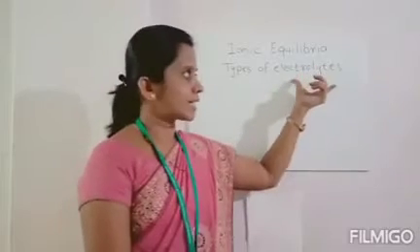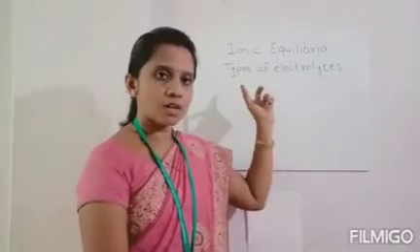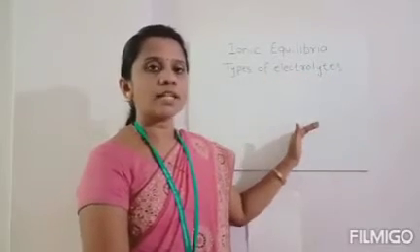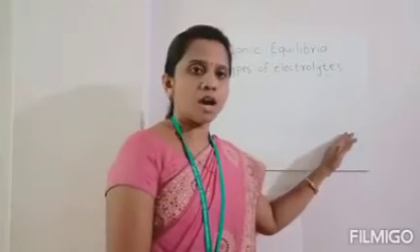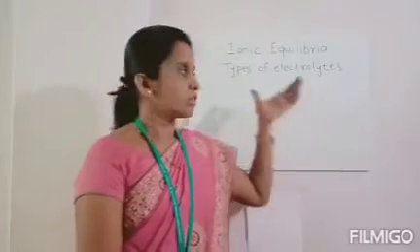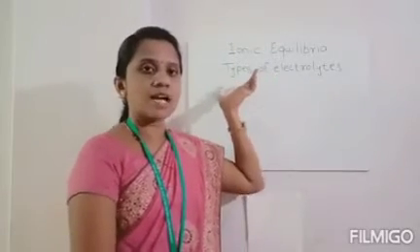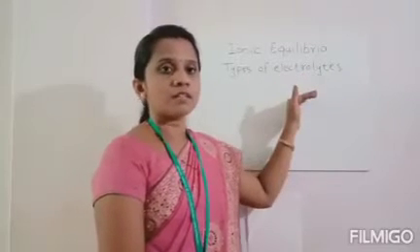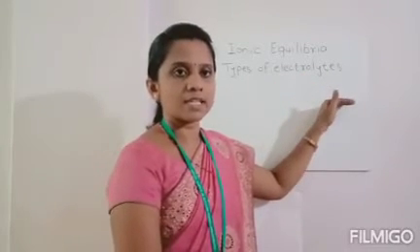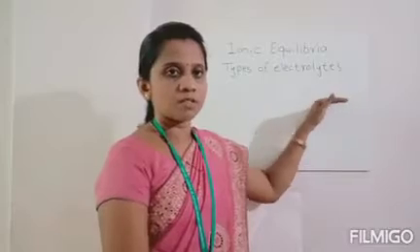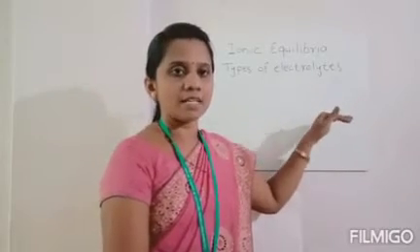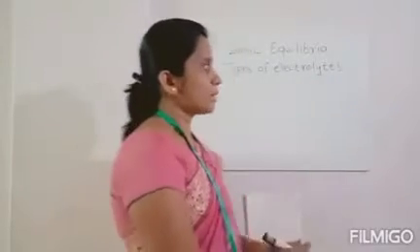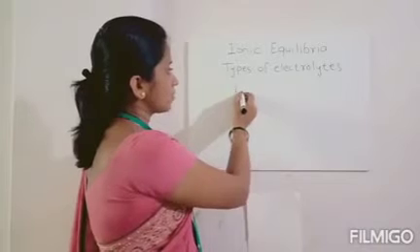So electrolytes will give you ions and non-electrolytes will not give you ions. Now the point is types of electrolytes based on their extent of ionization, means to how much extent they can ionize. There are two types of electrolytes.